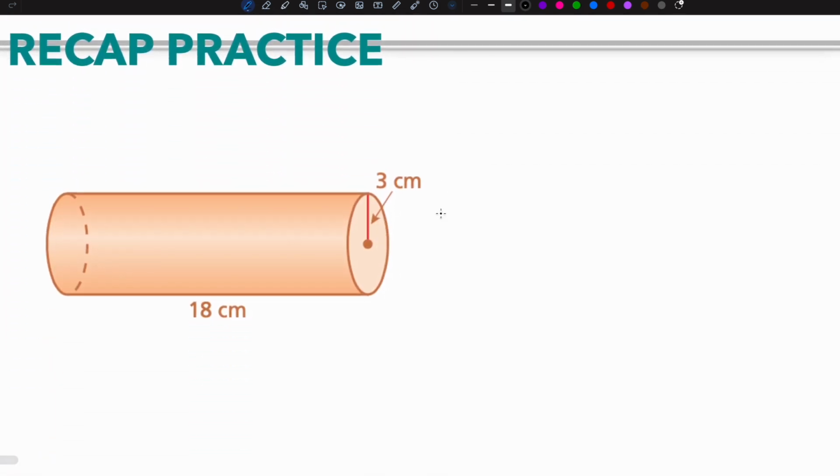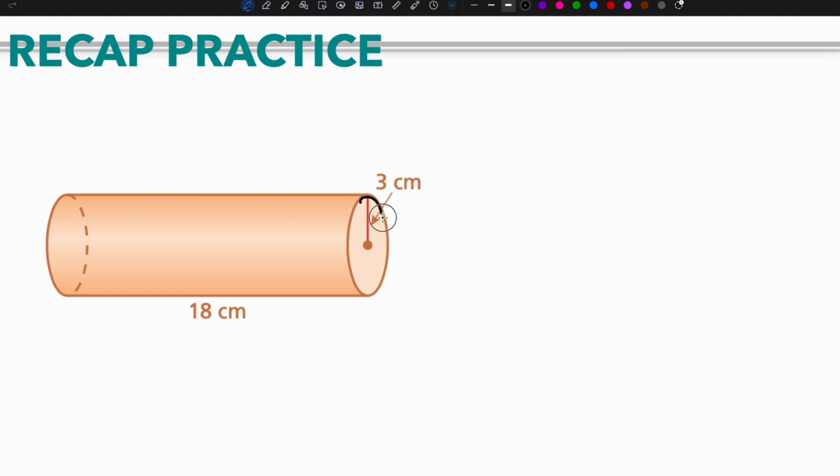And next practice, so this is a cylinder, which again, the base is a circle. So that is why the area of the base is pi r squared, and then you would have the height of the whole thing. So you would have 3 squared, because the radius is 3, and the height of the entire thing is going to be 18.